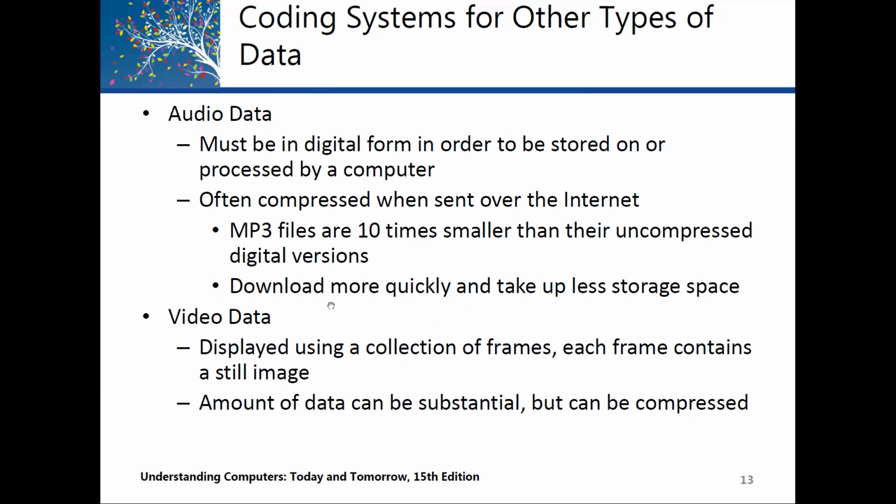Clear? So what if the data is not only graphic, not only audio, but multimedia, video data? How is video processed and how is video data stored? Video is basically a collection of images and voice, right? Whenever we store video data, we actually display a collection of frames, where every frame contains a still image, right?